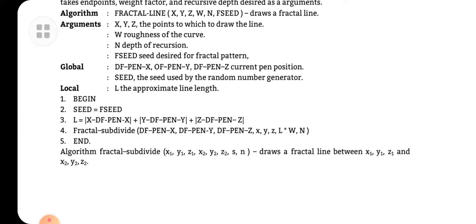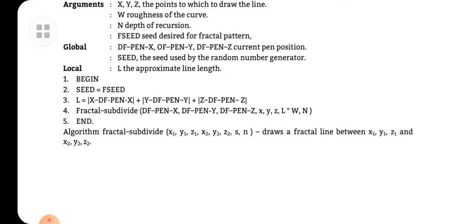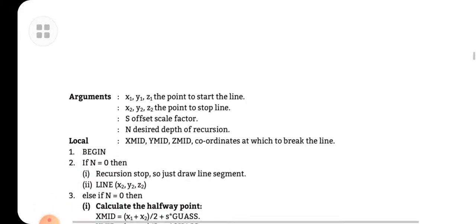Local: begin, seed = f seed, L = x minus pen x, y minus pen y, z minus pen z. Here the fractal subdivision begins.